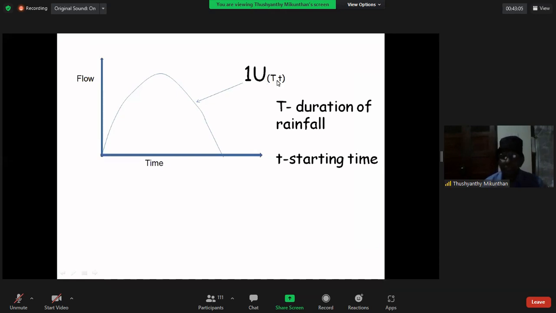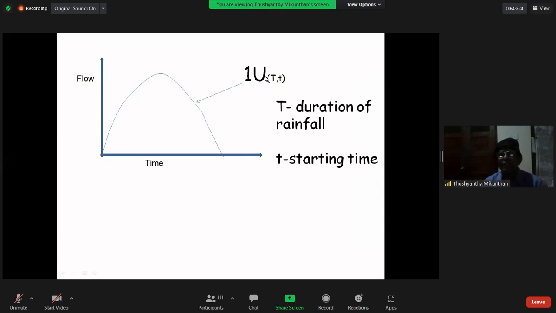Then capital T and simple t. Capital T means the duration of rainfall, maybe 2 hour duration or 3 hour duration, whatever it is.